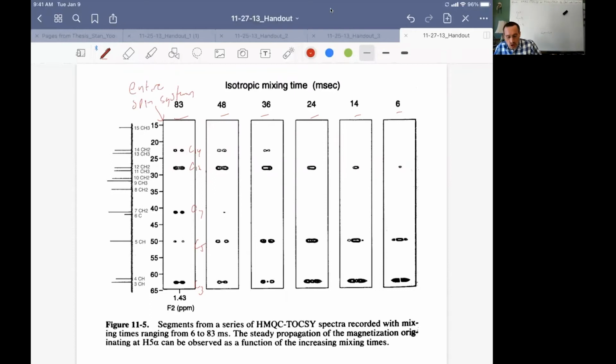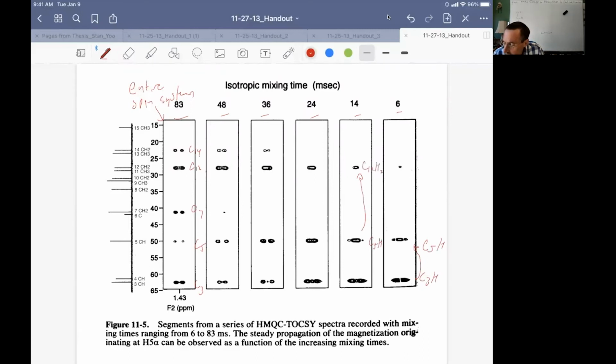Watch how we can walk through the spin system as we vary the mixing time. With 6 milliseconds, we've gone from C3H to C5H, and we can just see C12H2 beginning to come up. As we continue up to the 14, now we're starting to see this C12H2 coming up. So we're coming from C5H to C12H2.